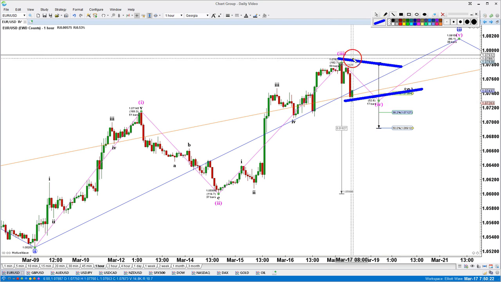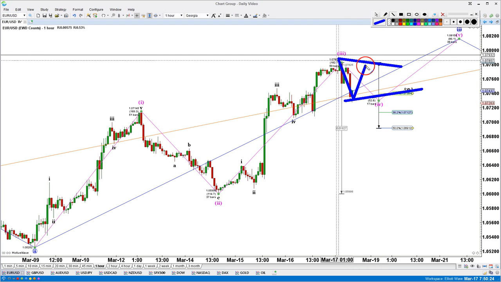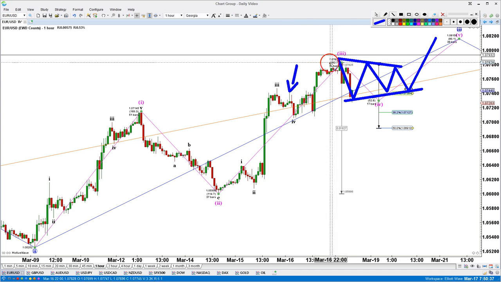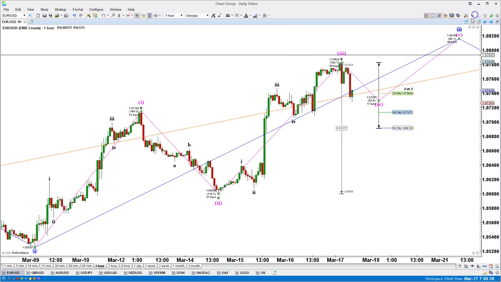Could be a triangle or it could be just a flat, but the expected is a sideways pattern. Once we find the end of the pattern, the next leg up will be active. So something similar to the trade that we did here after the wave 4 will happen after the wave 4 magenta in this case.